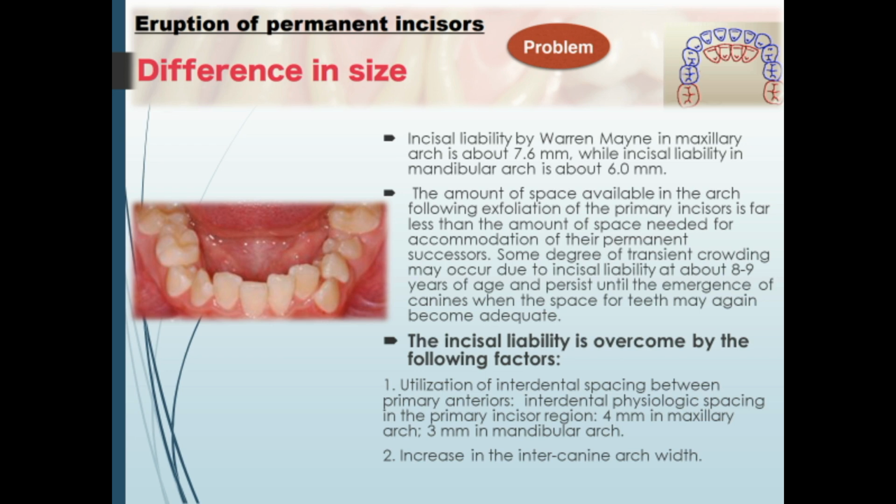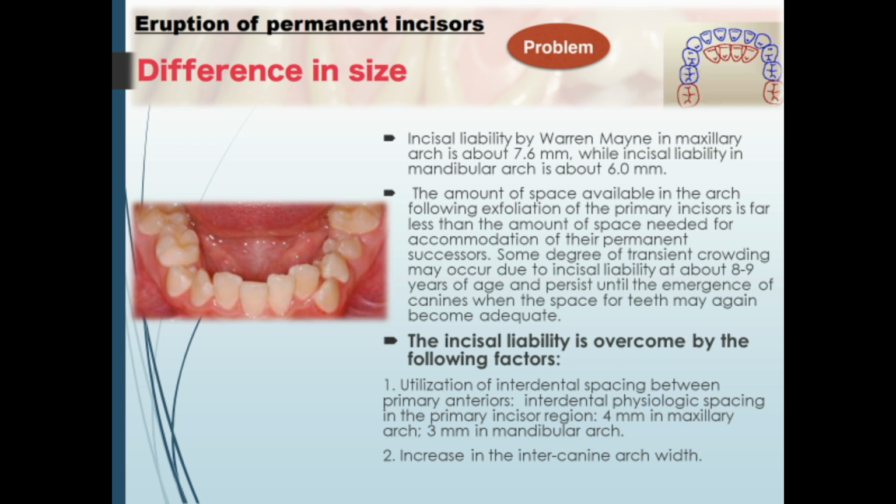Thus, the amount of space available in the arch following exfoliation of the primary incisors is far less than the amount of space needed for accommodation of their permanent successors. Some degree of transient crowding may occur due to incisal liability at about 8 or 9 years of age and persist until the emergence of canines, when the space for teeth may again become adequate.